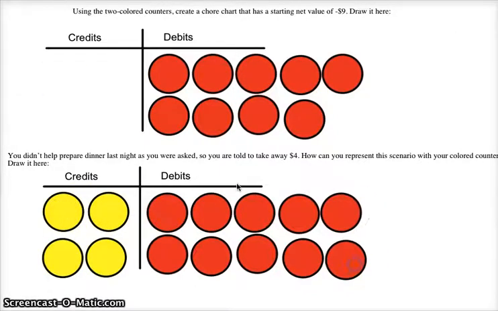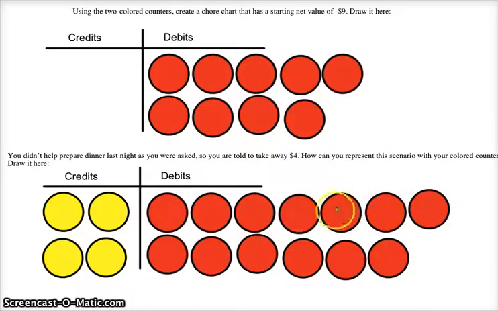But in order to keep my value of -9, I need to have 4 more debits.